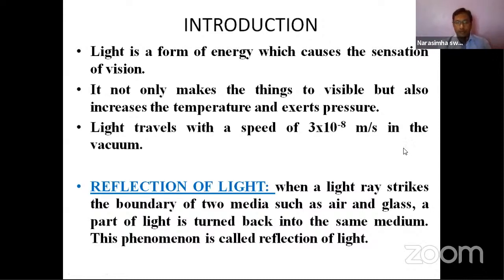Now, the first and foremost property of light is reflection. When a light ray strikes the boundary of two media, such as air and glass, a part of the light is turned back into the same medium, and this phenomenon is called reflection, that you have learned in lower classes, that is 9th, 10th standard.